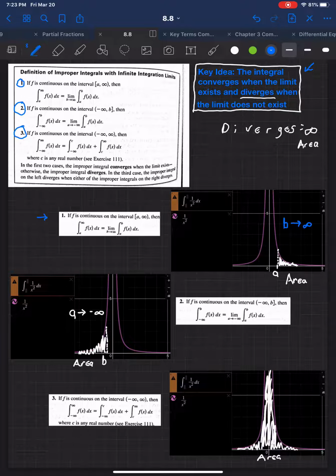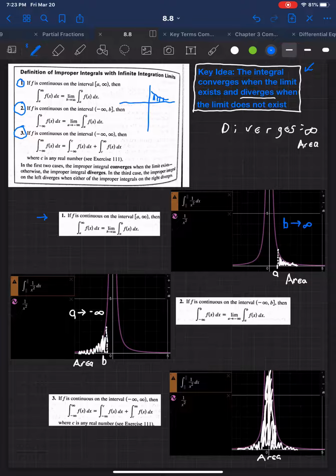The continuity just means, look, I hope this makes sense. When you're discussing area under a curve, we have to assume that your function is continuous throughout that interval, right? You can't have vertical asymptotes and jumps and various discontinuities and still expect to be able to find the area.